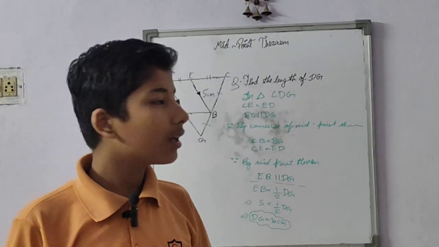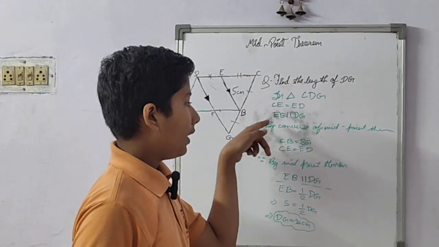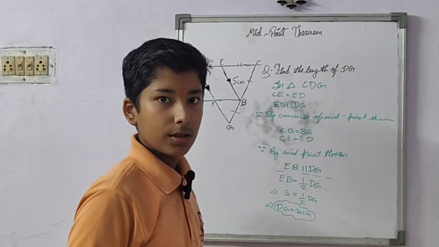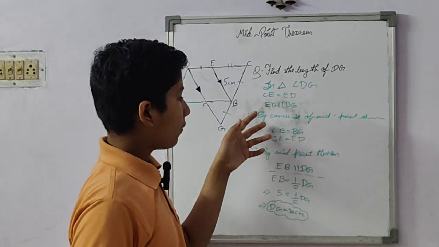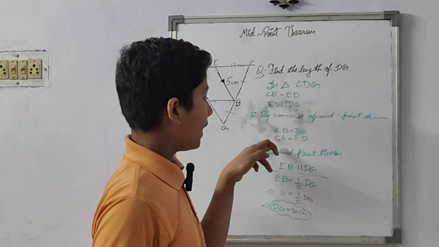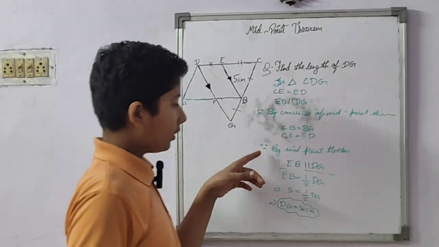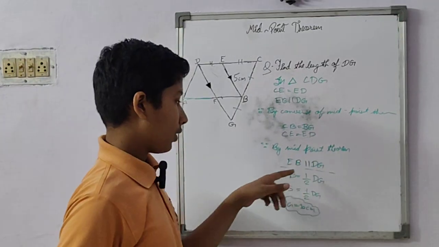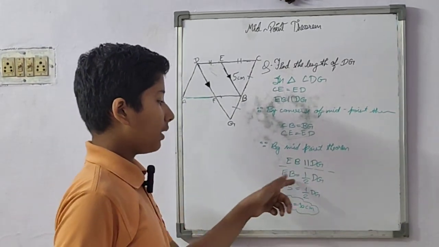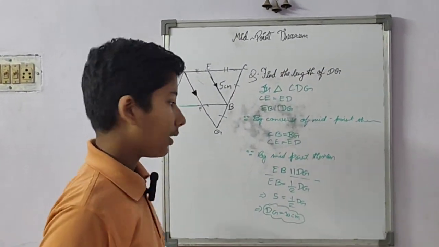Now it's looking okay. So in triangle CDG, since CE equal to ED and EB parallel to DG, therefore by converse of midpoint theorem, CB equal to BG and CE equal to ED. Therefore, again by midpoint theorem, EB parallel to DG, EB half of DG, 5 equal to half of DG, DG equal to 10 centimeter.